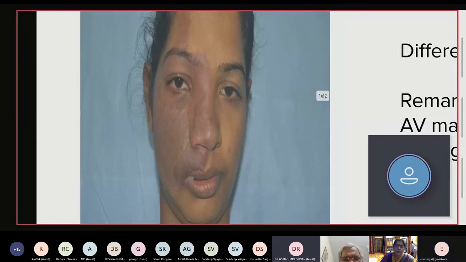No, it will not work. 532 will work, but mostly we have a different type of skin. We have type 4 predominant skin, so that may not work.